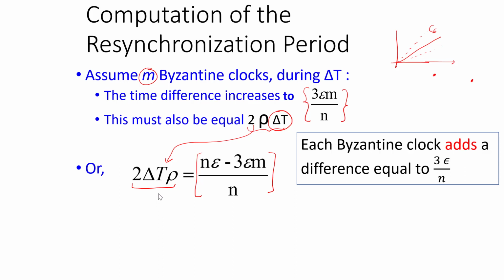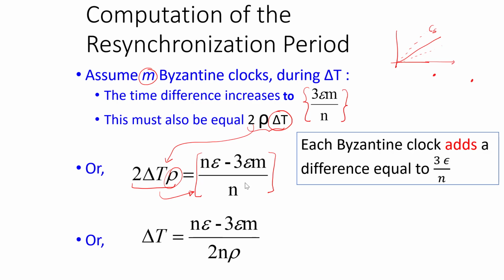So this is a very basic equation in internal clock synchronization, where we equate 2 delta t times rho, which is nothing but the maximum drift between two clocks, where rho is the drift rate, right? And this is the maximum, and this we are equating with the difference between the system average and the clock C5 in our previous example.